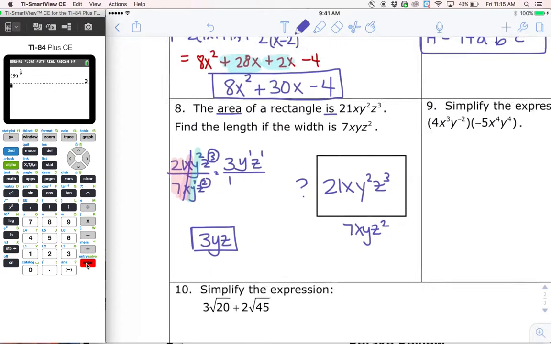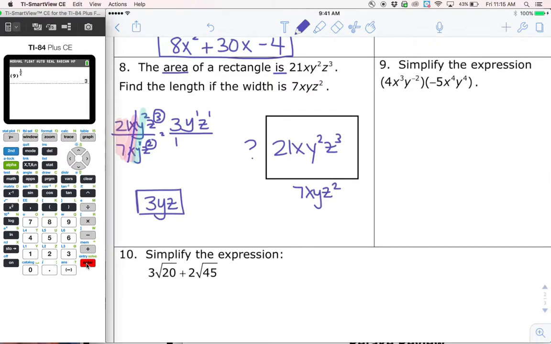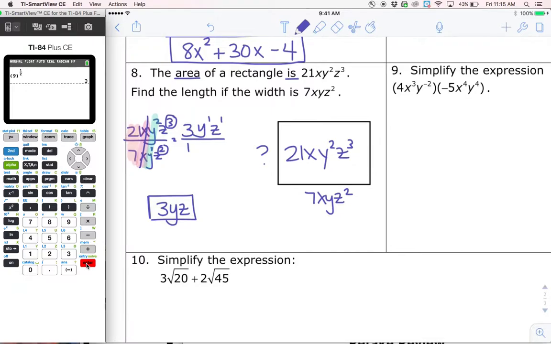All right, problem number 9. Simplify the expression. This is very similar to problem 2. It's actually fairly similar to problem number 7 in the process here. We're going to multiply these two together. All right, we've got 4 times -5. Those are regular numbers. We multiply them normally and get -20. And now we've got x to the power of 3 times x to the power of 4.